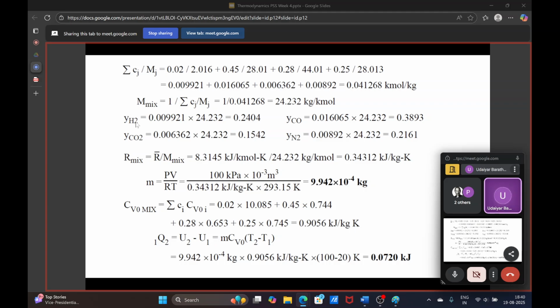And the mole fractions you can find out using the mole divided by the mass fraction.